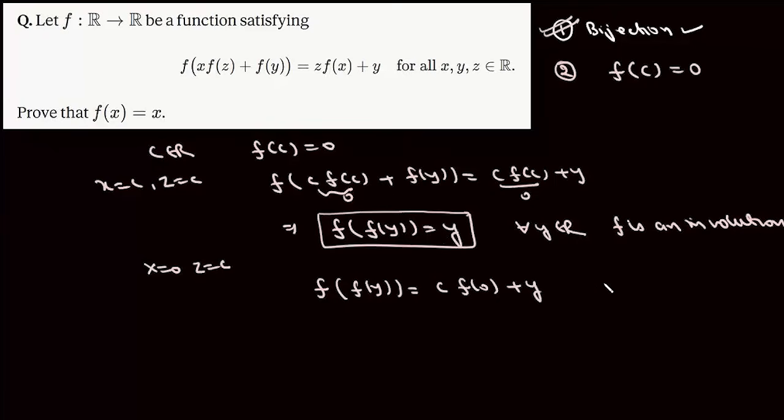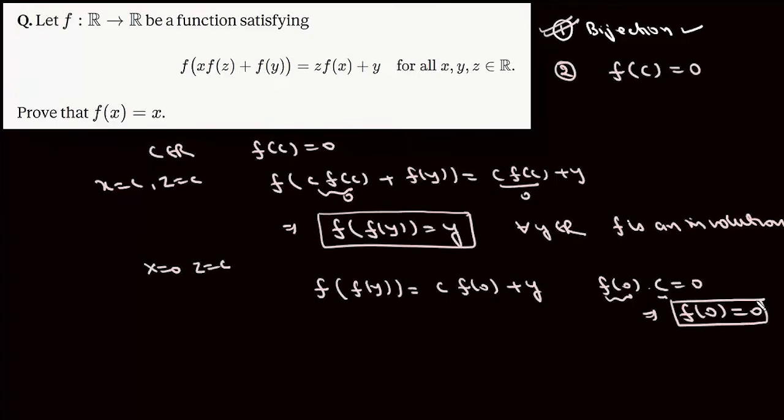So from here we'll get C into f(0) is 0. So either C is 0 or f(0) is 0. If C is 0, f(0) is 0. So both the things imply f(0) is equal to 0.